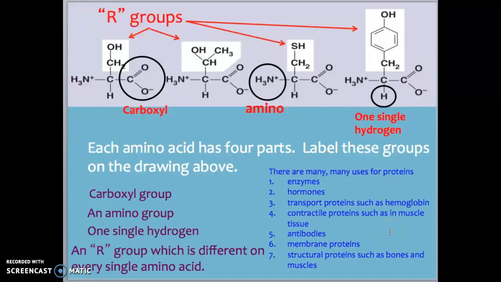Your muscle tissue, you're probably most familiar with this being a protein, that's what causes your muscles to contract. In your immune system, it recognizes antigens in your body, and the antibodies are proteins. There are proteins that extend across the cell membrane that help in recognition and also help transport things in and out of the cell. And then there are structural proteins that you find in your bones and muscles that give you support.